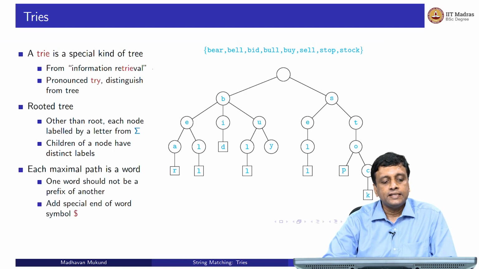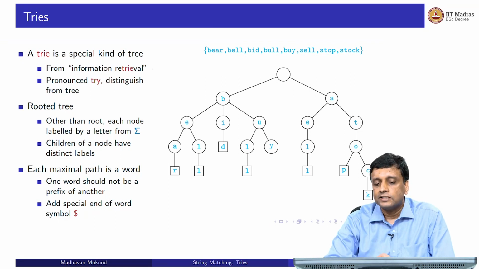So on the right we see the trie corresponding to a set of words. So remember, if you have a fixed text, you can decompose it. Let us have a simple situation where we are looking for words in this text. We want to do a keyword search. So we are only interested in recording, in some sense, the dictionary or the set of words that this text contains. So suppose this text contains these words: bear, bell, bid, bull, buy, sell, stop and stock.